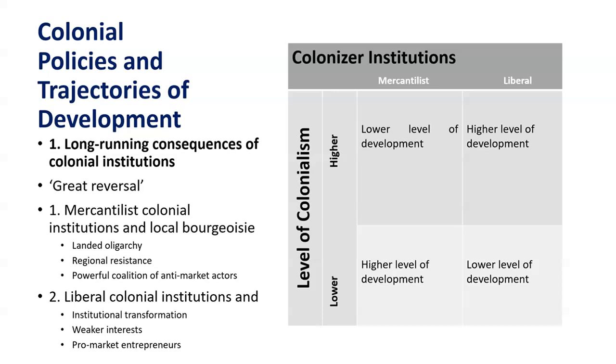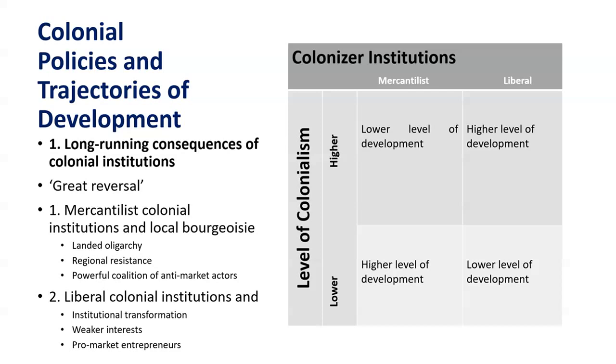On the opposite, you have these liberal colonial institutions. So they had liberals who installed some sort of liberal institutions. In the post-independence states in Latin America, they managed to work within or to rework these institutions into development plans in order to have this kind of institutional transformation. They don't have landed oligarchy.